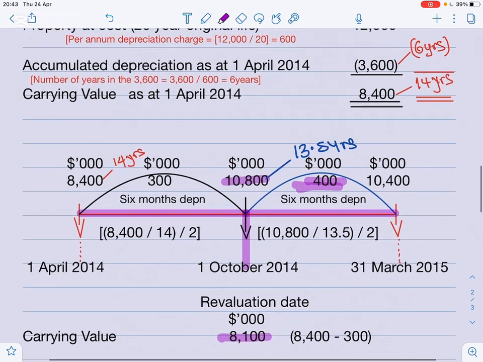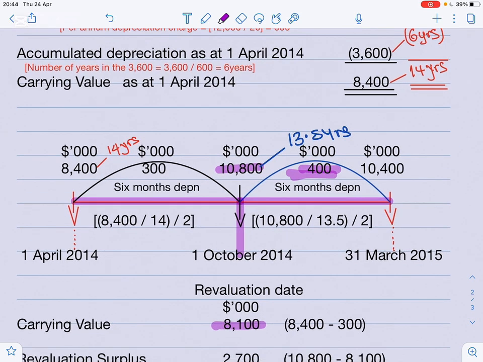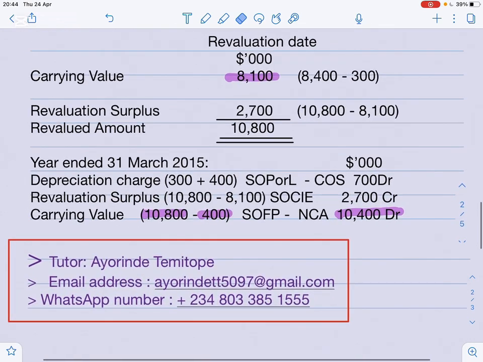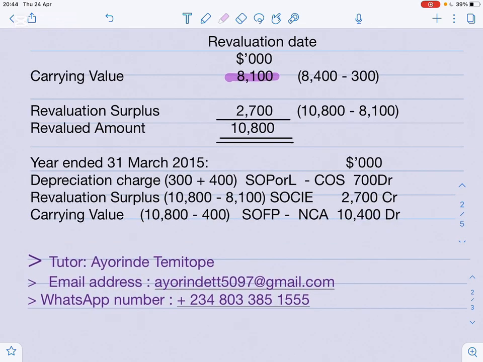So what is this saying? From the timeline, 10.8, remove this, and you have this. So as at the end of the year, what Vincent will be having left as the value of the asset will be $10.4 million.